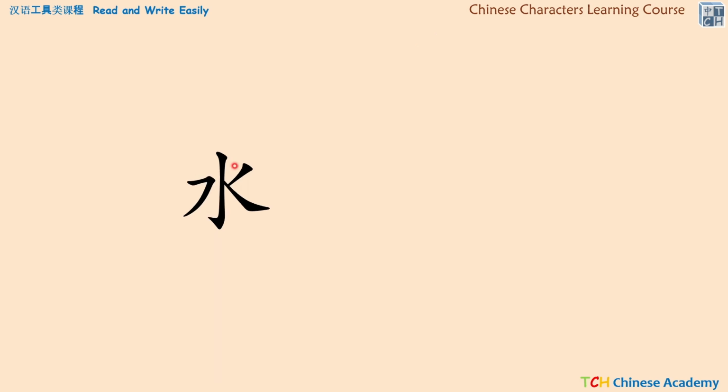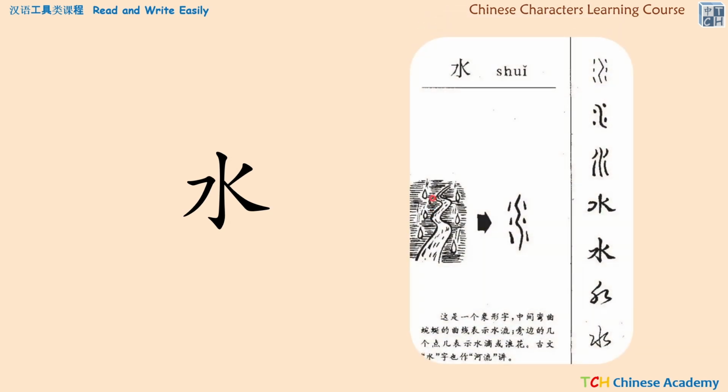Well, how about this character? We start with the vertical line with a hook in the middle, and then the left part, and then the right part like this. Or let's take a look at the picture it represents. Something in the middle is like the river, and on both sides we have waters.